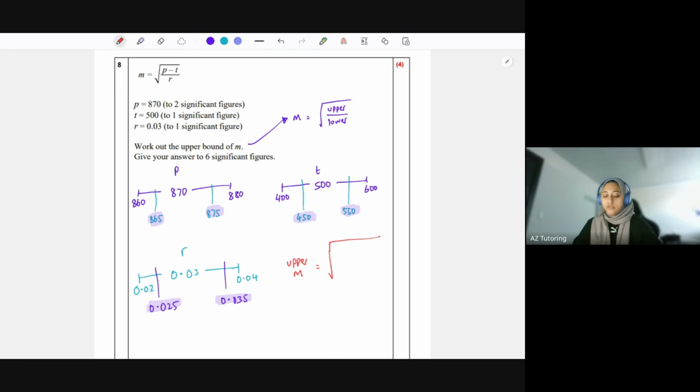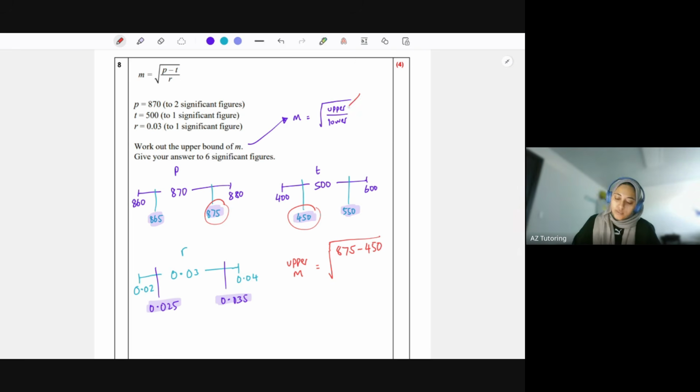What you could do is take the upper value of P, which is 875, and I don't want to minus the upper value of T because that will make the value less. I want to minus the lower part of T, so 450, because I want the maximum amount on the top.